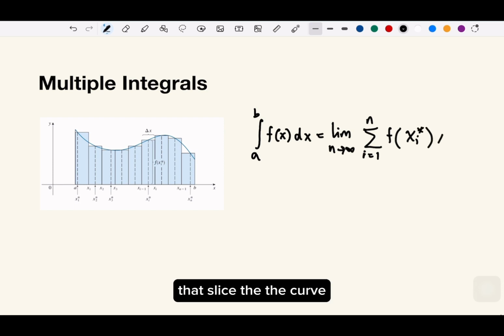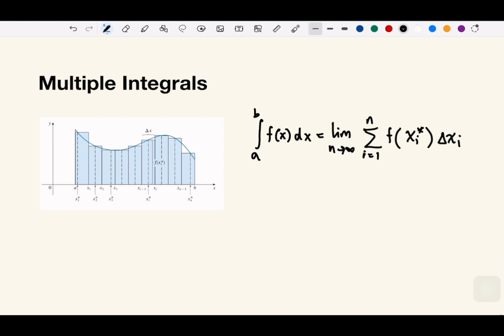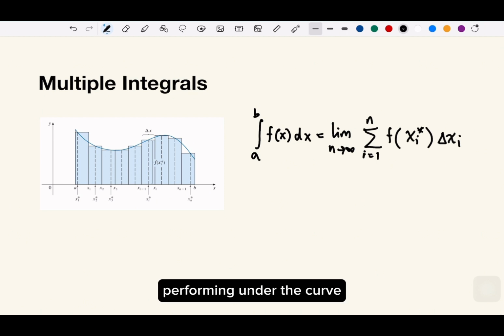that slice the curve. If you see the area under the curve, we can approximate with these rectangles and add all the areas, and that is our approximation for the curve. And by the limit, if we cut the rectangles, like maybe first 8, and then we increase to 80, 100, 1000, then the rectangles become smoother, and the approximation gets closer to the real value.